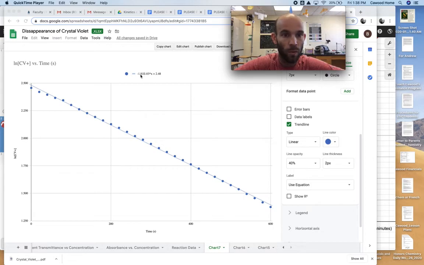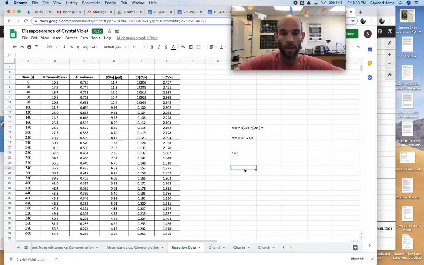So this negative 1.81 times 10 to the negative 3, that's our pseudo rate constant. So back to the reaction data. k prime then is negative 1.81 times 10 to the negative 3. Okay, and if we actually wanted to figure out the true rate constant, we would have to do some more experiments to determine the order of hydroxide, but we don't know that yet.